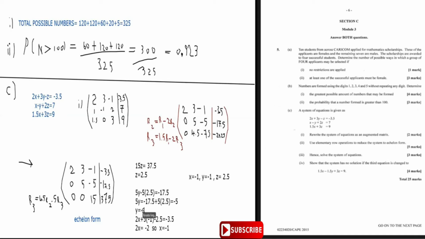Y is indeed minus 1. Going into the first equation, 2x plus 3y minus z, so that's 3 times minus 1 minus 2.5, that's minus 5.5. Bring it over, 5.5 minus 3.5 is positive 2. So x is positive 1.